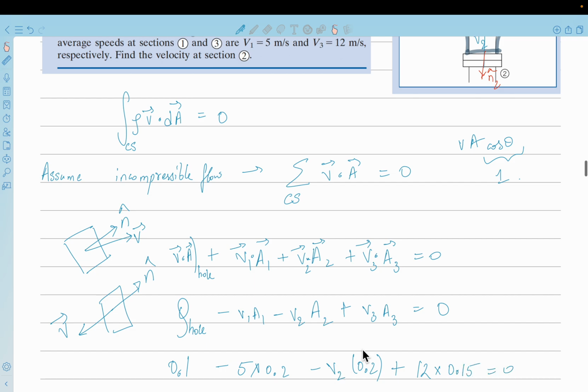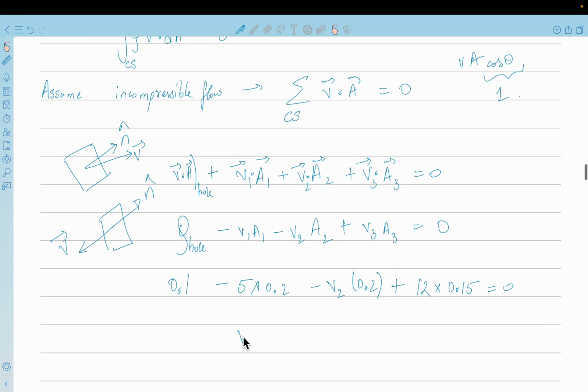So the only unknown is v2. Please solve and tell me what you get as the value of v2, and whether it is positive or negative.